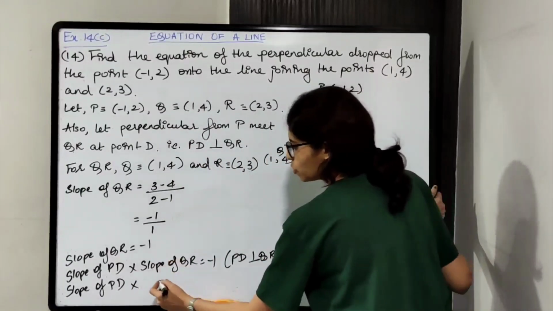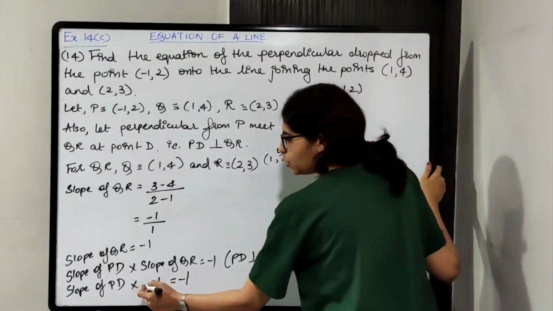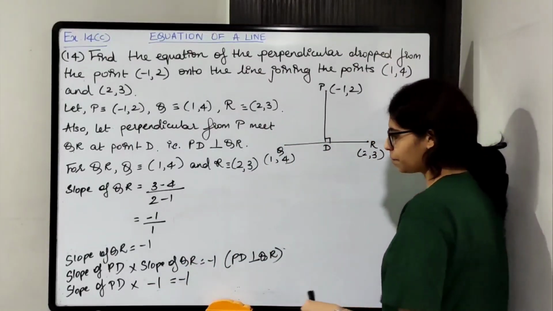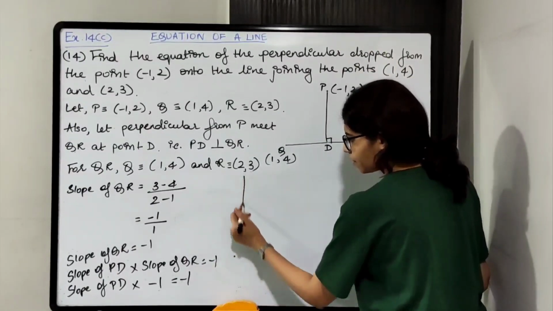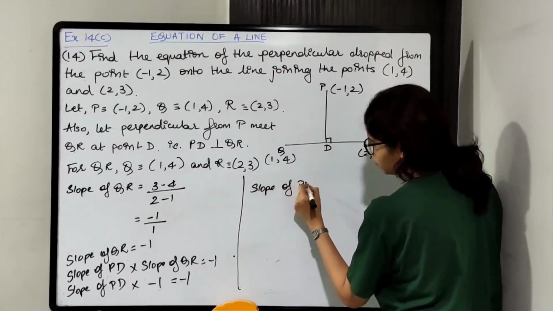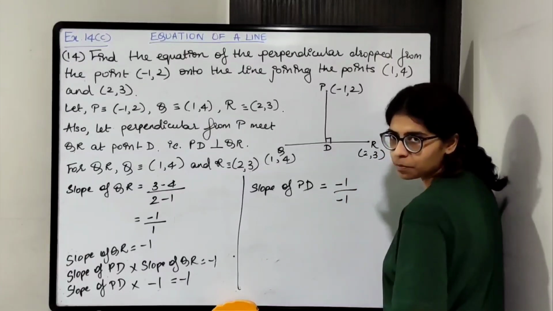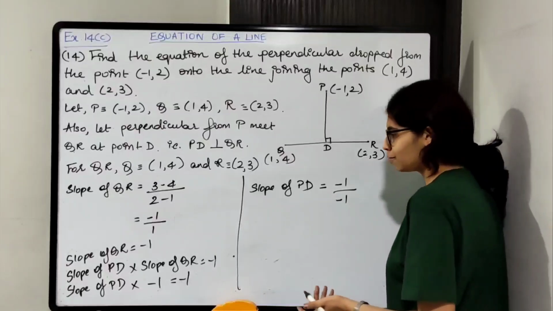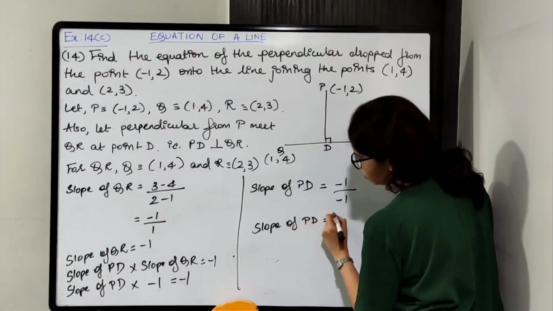Slope of QR we just got -1. It is multiplied by -1, so when you shift it to the other side it goes in the denominator, it will be divided. So slope of PD is -1 upon -1. That is minus into minus is plus. 1 upon 1 is nothing but 1. Slope of PD is equal to 1.